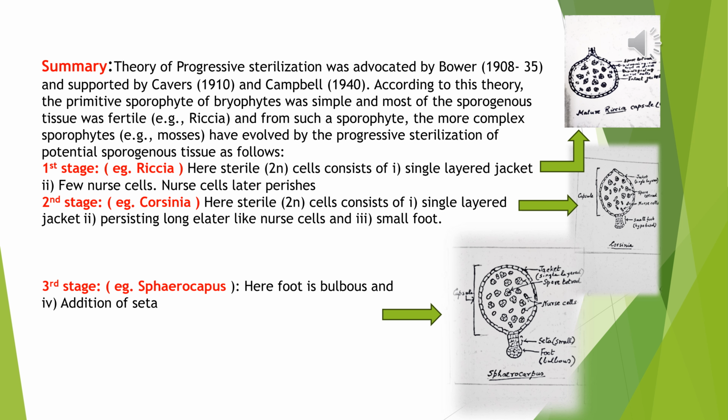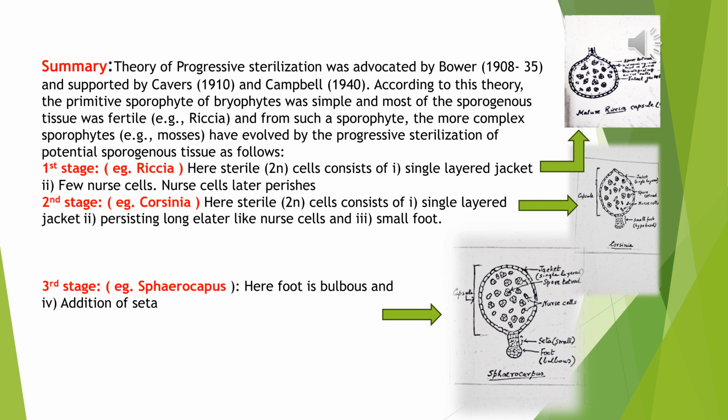According to this theory, the primitive sporophyte of bryophytes was simple and most of the sporogenous tissue was fertile, example Riccia. And from such a sporophyte, the more complex sporophytes, example mosses, have evolved by the progressive sterilization of potential sporogenous tissue as follows.